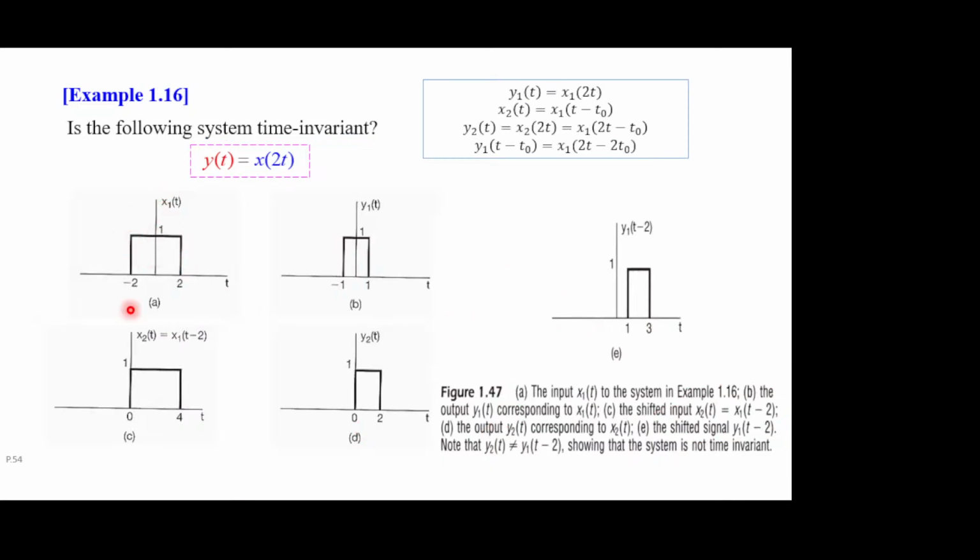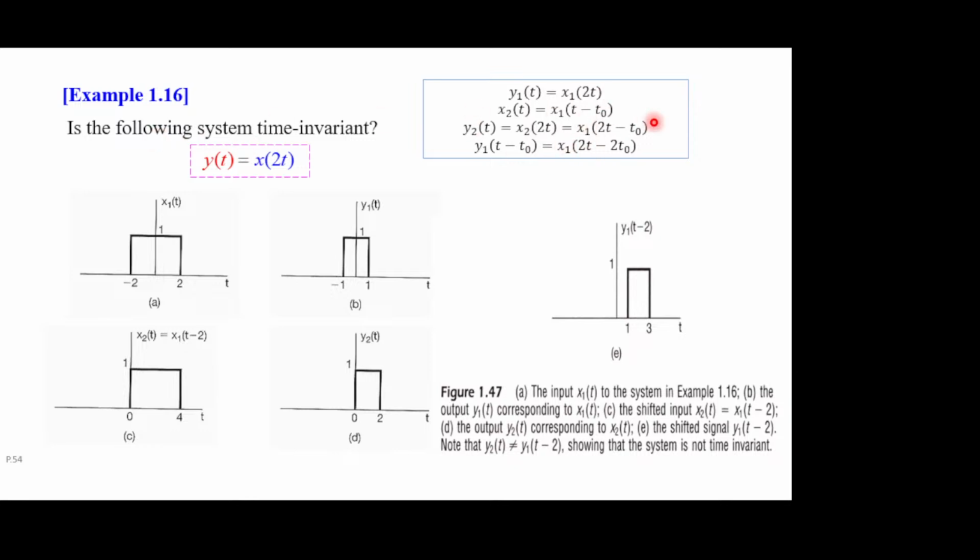So you have two inputs that are time shifts of each other, and their outputs are not time shifts of each other. I guess those two outputs are not time shifts by the same time. Yeah. So in this example, the y2 here is actually a time shift of the y1, but the time shift amount is not correct, and that's also not time invariant.